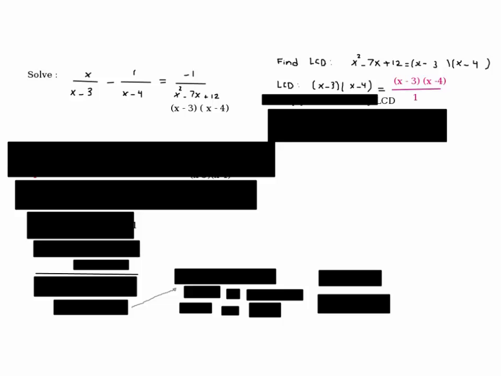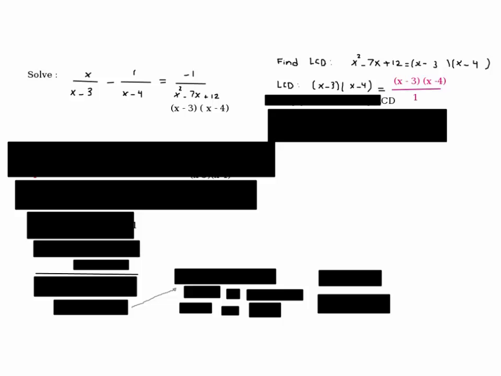So what do we do with this LCD once we find it, anyone? You're going to multiply both sides of the equation by x minus 3 times x minus 4 to cancel out the denominators. Very good.